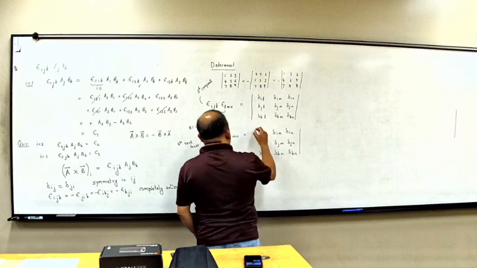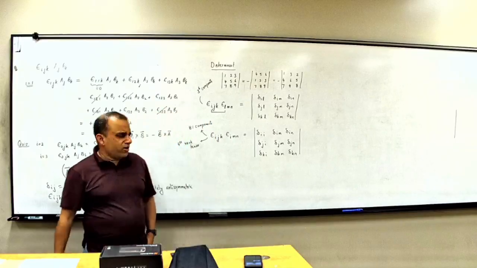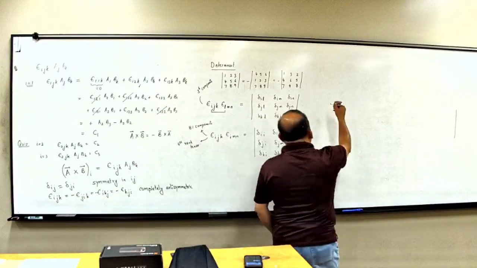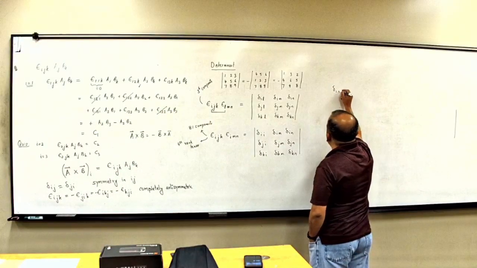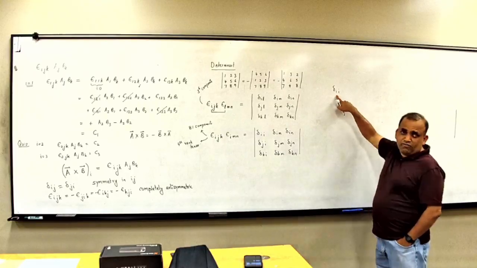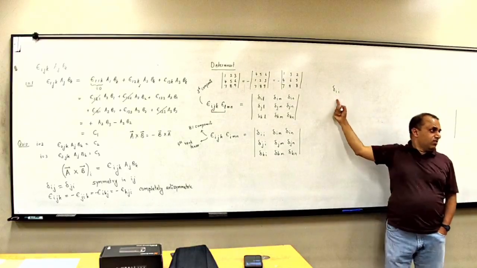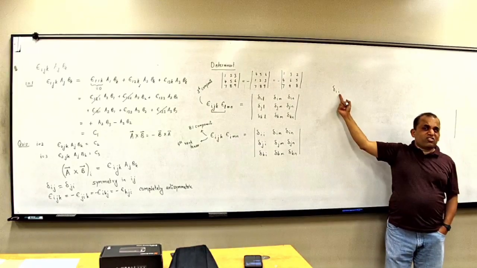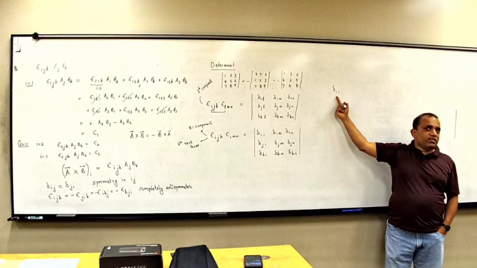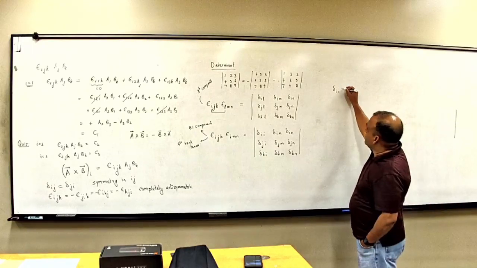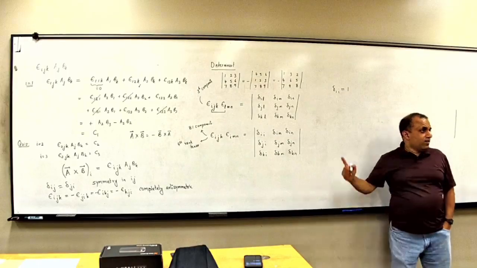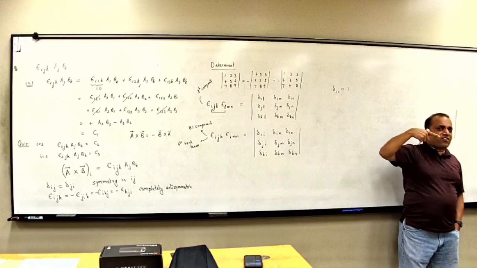Wherever there was an l, I replaced it with i. How much is delta ii? Is this a scalar or a vector or a tensor? Scalar. If it's a scalar, it must be a number, probably. How much is this? 1? 3. Is that 1? Someone says it's 3.